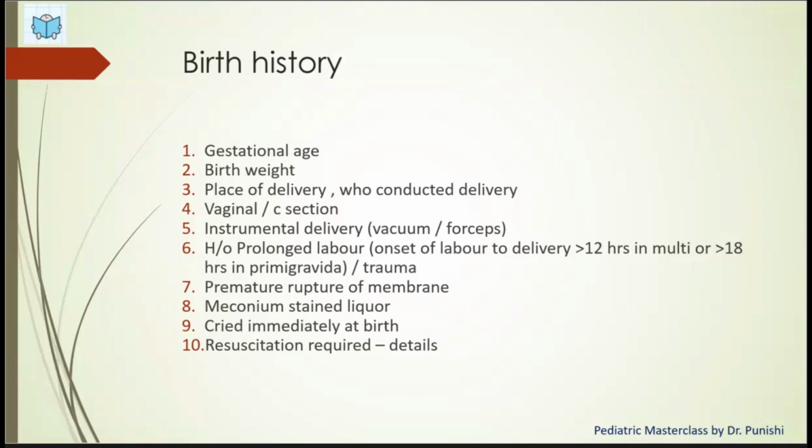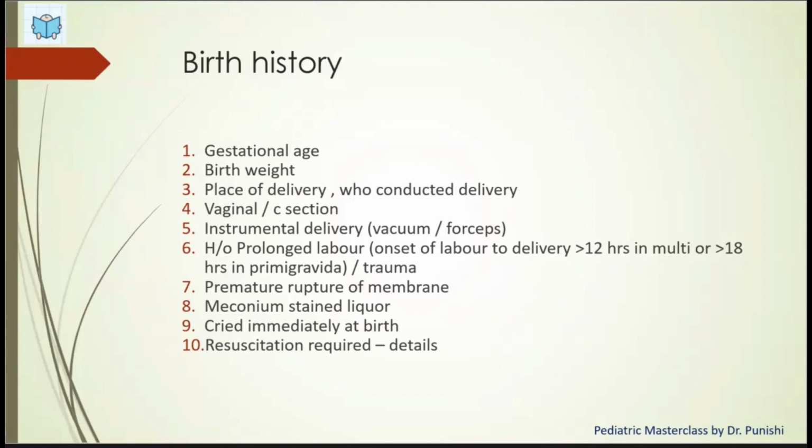Now, what is the definition of prolonged labor? From the onset of labor to the time the delivery happens or the fetus is expelled, if that period is more than 12 hours in a multigravida or more than 18 hours in a primigravida, that is known as prolonged labor. Why is it important?